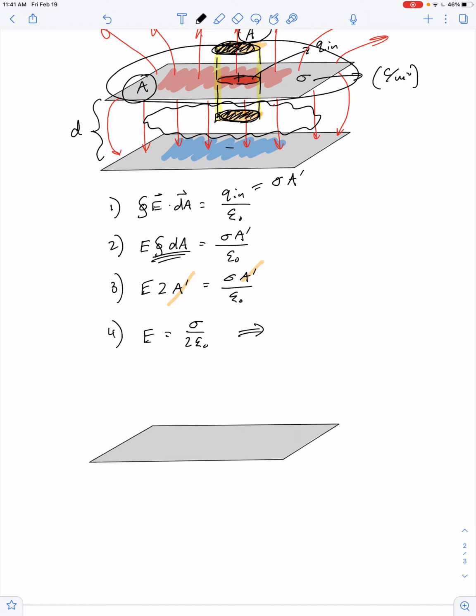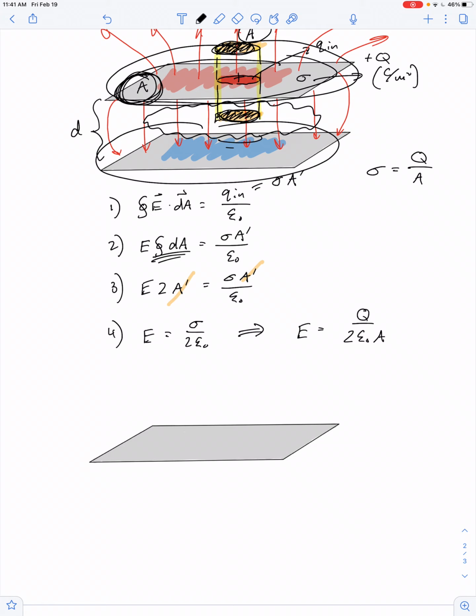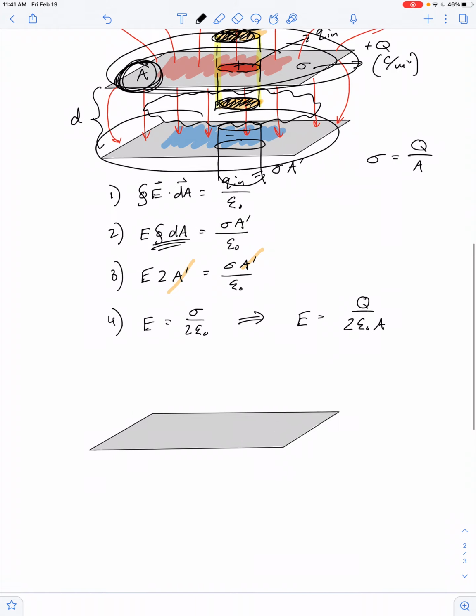And we can make a substitution. Sigma is equal to that positive charge on this upper plate divided by A. Not A prime, but A. So we substitute, and we get E is equal to Q over 2 epsilon naught A. Now that's just the electric field due to the upper plate. If we took the bottom plate and made a second Gaussian surface that intersects this negative charge, all that's going to happen is, by superposition principle, it doubles the effect.